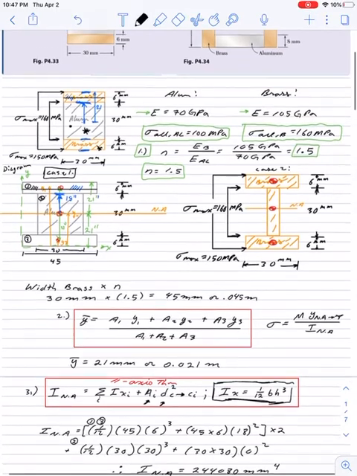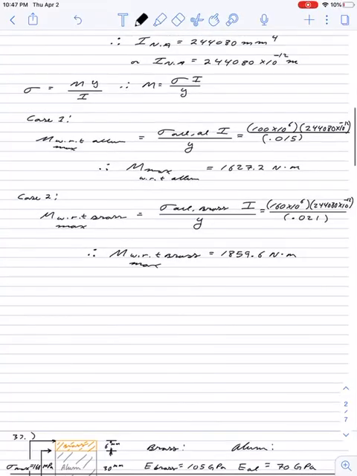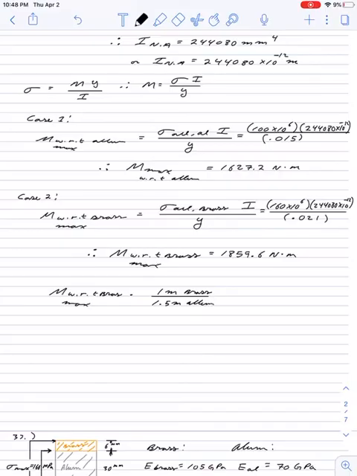It is. It's 1.5 times as long. So if we take this moment with respect to brass max and multiply it by the ratio of 1 meter of brass divided by 1.5 meters of aluminum.